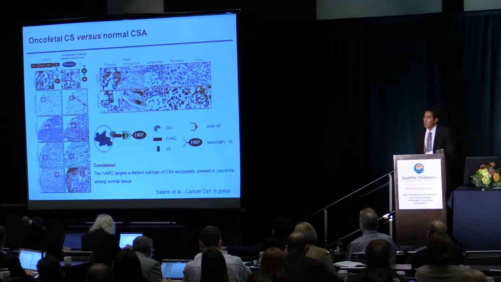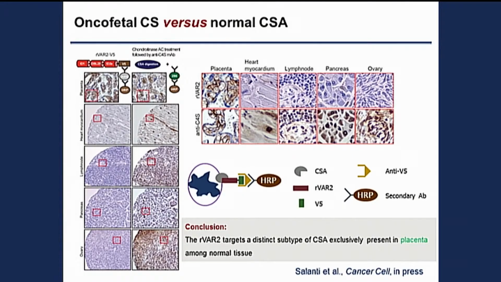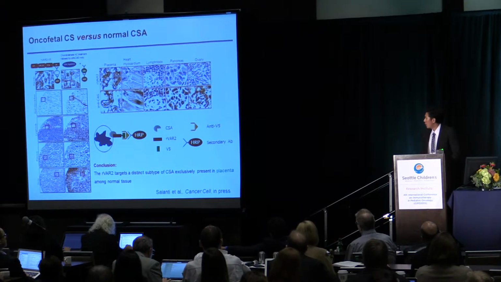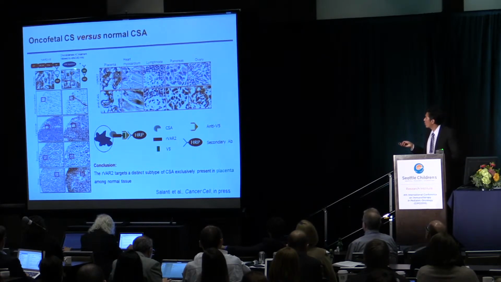I would like to explain the difference between the oncofetal CS and normal CSA. Normal CSA can be exposed by treating with enzymatic digestion to expose the 4-O-sulfation group, which can be detected by the monoclonal antibody. Here you can see the C4S monoclonal antibody.